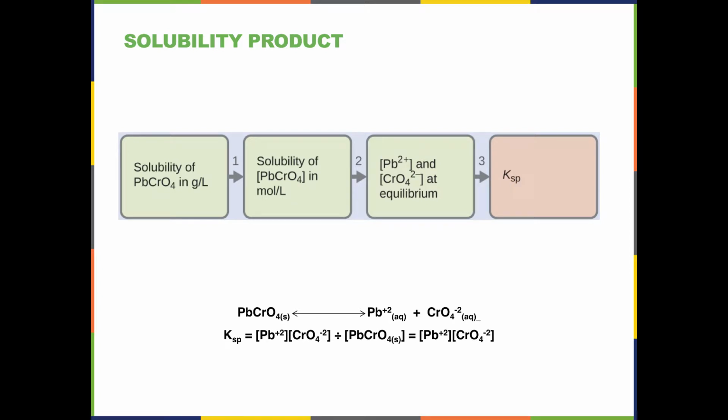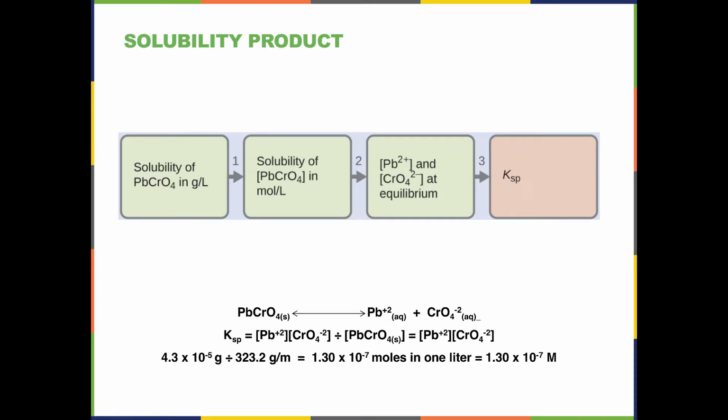The KSP is going to be the lead concentration times the chromate ion concentration divided by the lead chromate solid. We know that we don't have to take the lead chromate solid into account because it's a solid, so it ends up just being the product of the concentrations of the two ions.